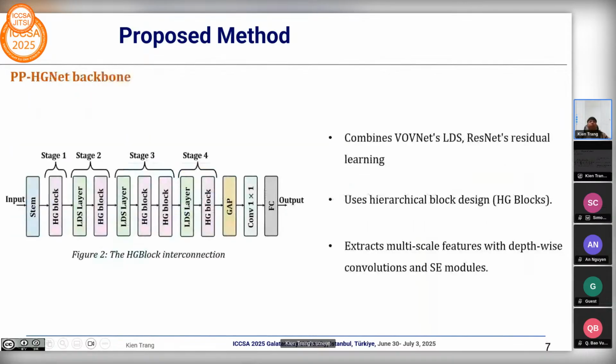For the main backbone, the PPHGNet is designed for both deep features and efficient computation. The architecture of this network employs a learnable downsampling layer, the LDS layers, from VoVNet to preserve spatial features while reducing computational cost. It employs a hierarchical structure to extract features, which facilitates effective handling of complicated image data.